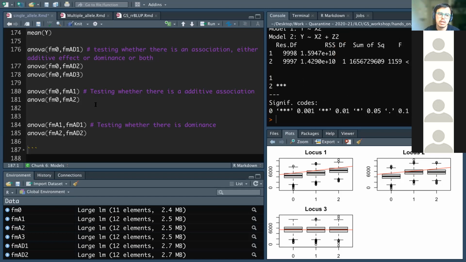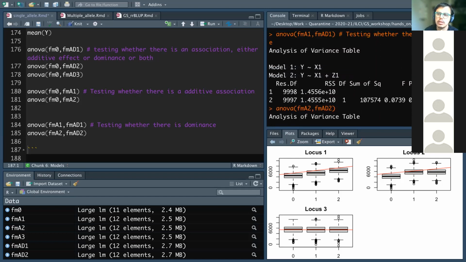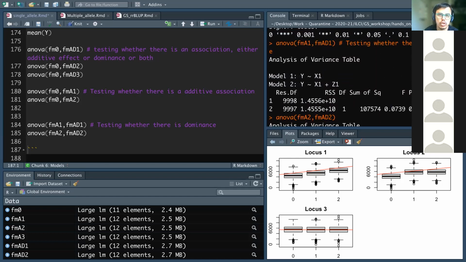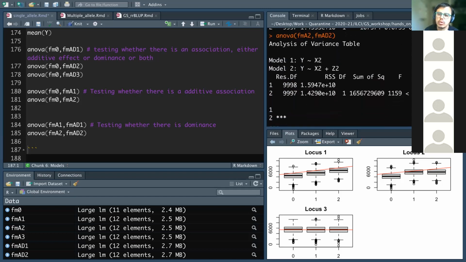With this you can conclude that locus 1 and locus 2 have an effect on the phenotype, that locus 1 doesn't have a dominant effect, and that locus 2 has both an additive and a dominant effect. Okay.